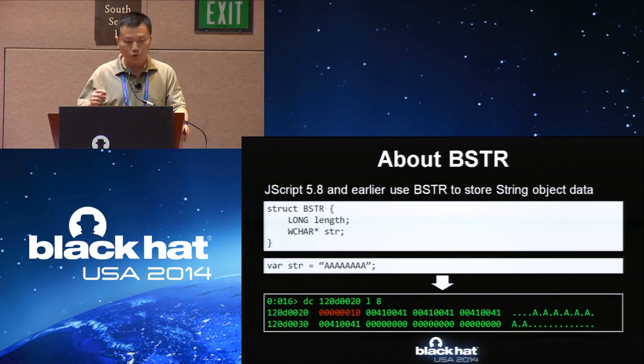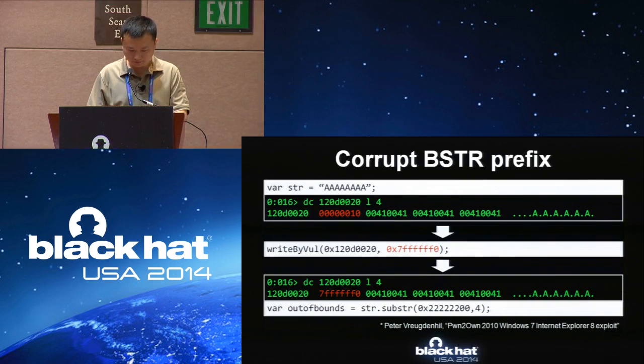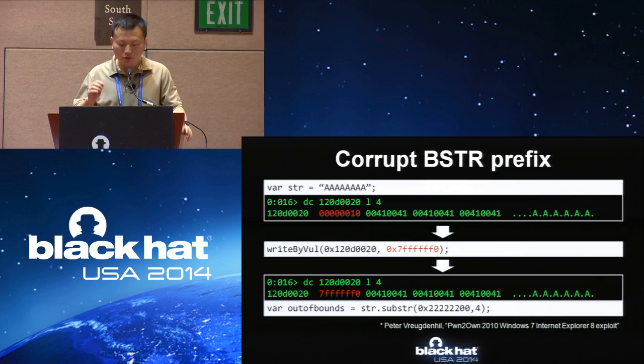When we create a string in JavaScript, it will generate a BSTR in memory, like this: the length, the data. Because of the length, the string object cannot access data out of bounds. But if we use some vulnerability to increase the length, then we can access any data after the BSTR.